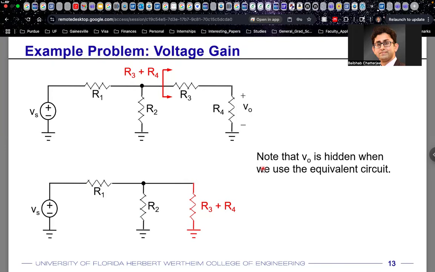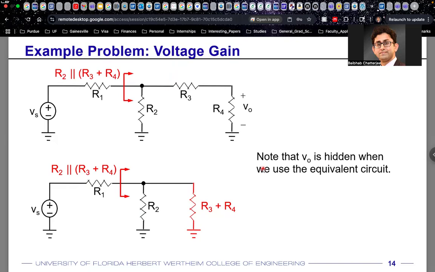So as you walk your way back from the output side to the input side, the first thing that you encounter is these two resistances, R3 and R4. Now, are R3 and R4 in series or are they parallel to each other? They are in series, perfect. So what is the overall combination? R3 plus R4, right? That's what you're seeing on the screen. The overall combination is R3 plus R4 because they are in series.